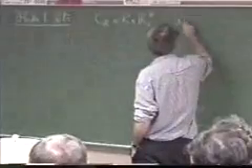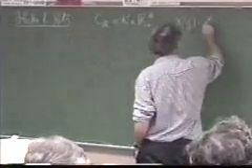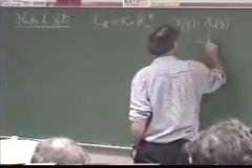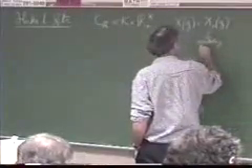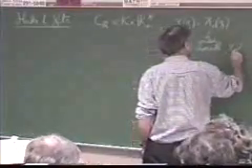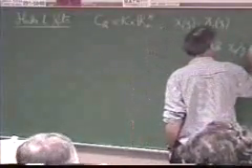And I will write the character in the form chi of g, I will write it always as chi 0 of g, where chi 0 is a unitary character. And I will assume that chi 0 restricted to R plus star is equal to 1.